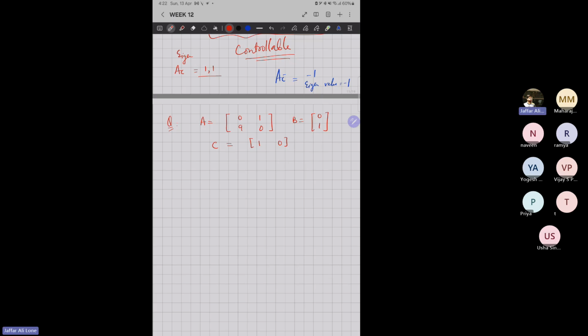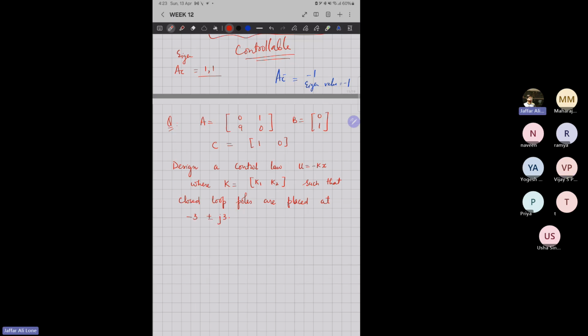Okay. So now the question is: design a control law u equal to minus Kx, where K is equal to, since it's a 2 by 2 matrix, K1 and K2, such that closed loop poles are placed at -3 plus minus j3.